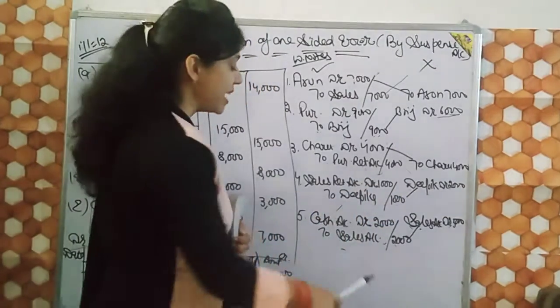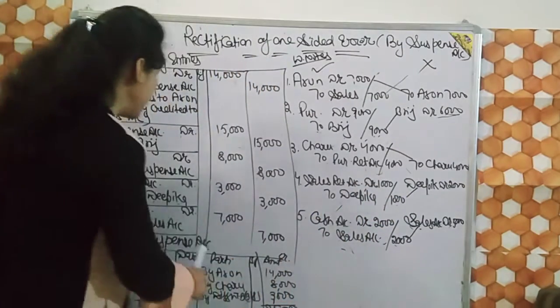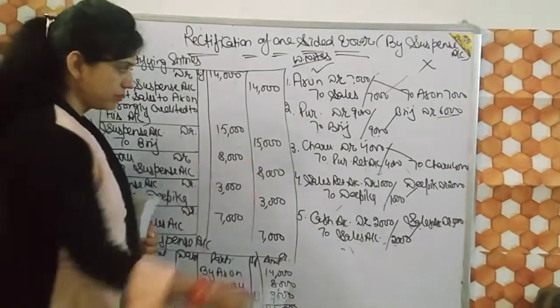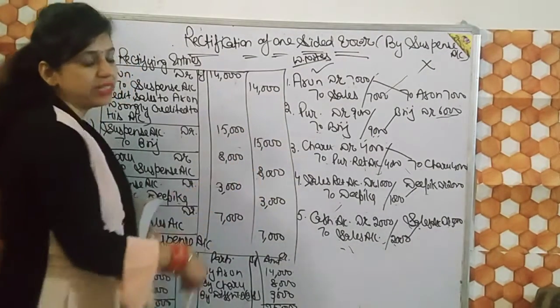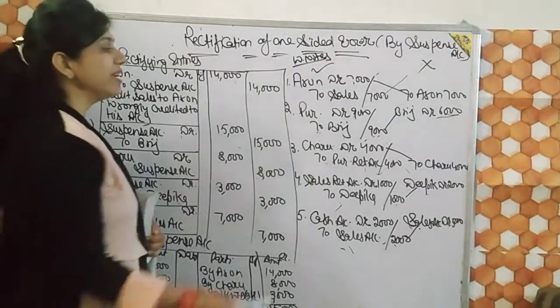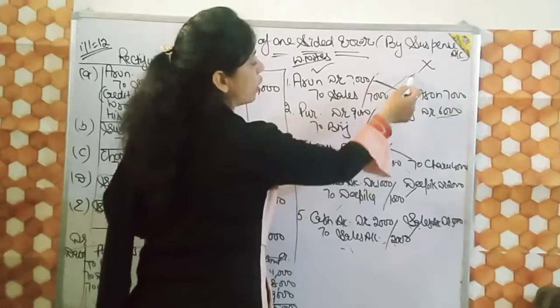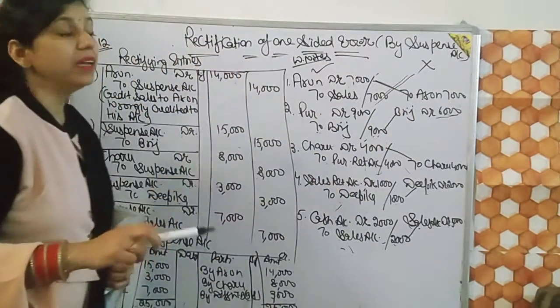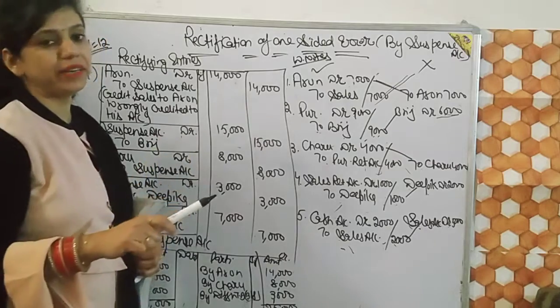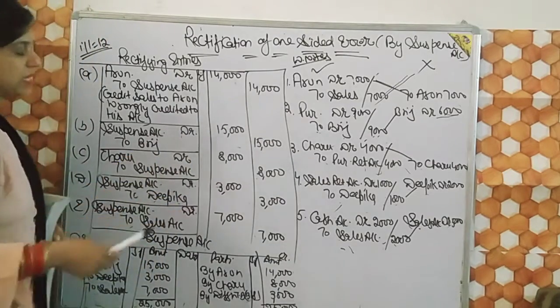And the right side is credit. So suspense account debit to sales account with 7,000. These are the rectifying entries by preparing right and wrong entries. So anything which is crossing this way or this way should be on the right entry side with the added amount. So this is the basic rule.